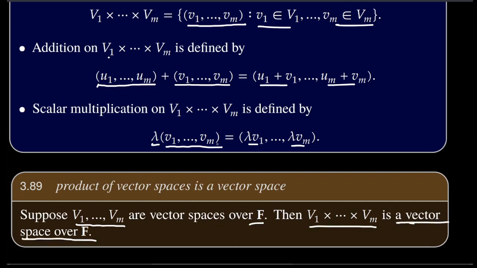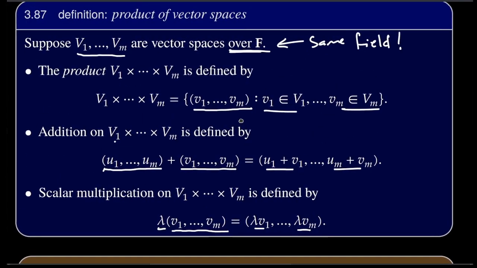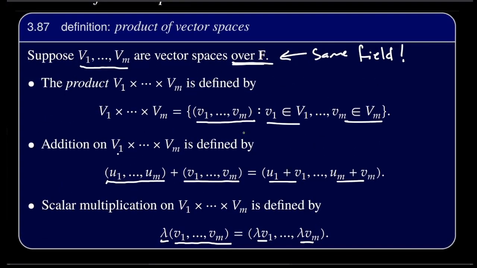Okay, cool. I'm not going to prove this one because the proof is essentially exactly the same as something that we've done before. That is, this is the same business as what we did in the first homework when we confirmed that Fm was a vector space, or when we showed that the set of functions from a set S to a vector space V is a vector space.